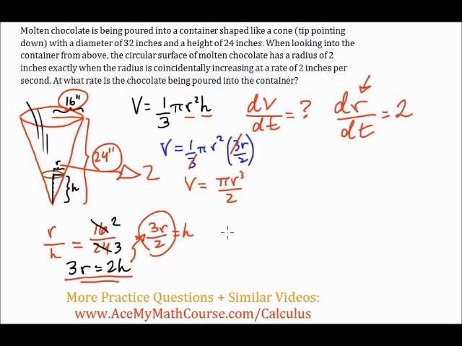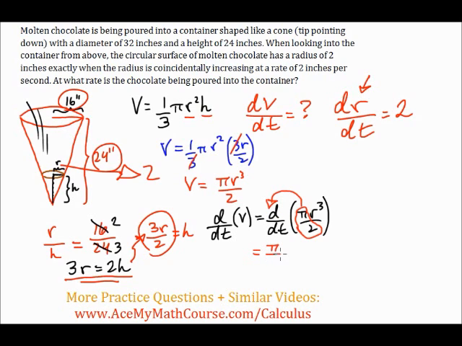Great. Now what do we do? Now we differentiate both sides with respect to t. So we get d/dt of V and d/dt of pi r cubed over 2. Fantastic. Now I'm just going to remove the constant from the derivative here, so I get pi over 2, then d/dt of r cubed.